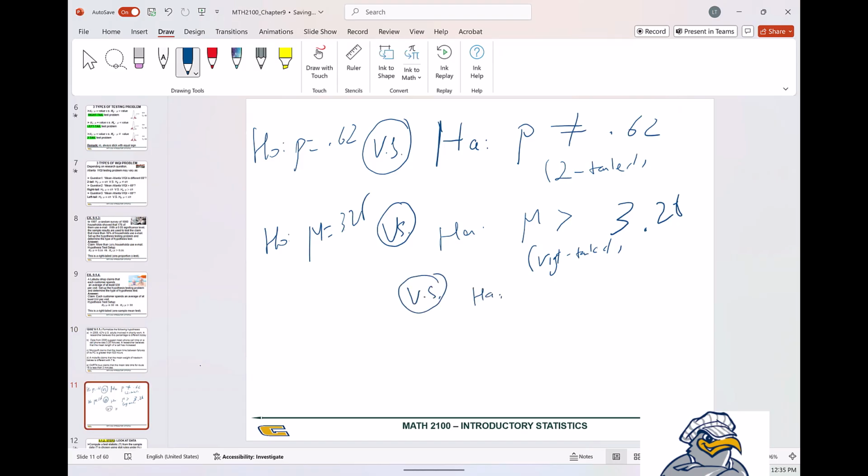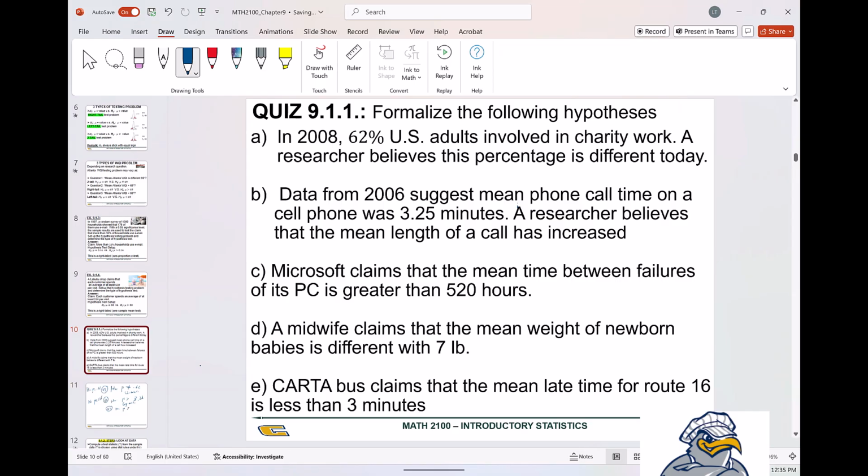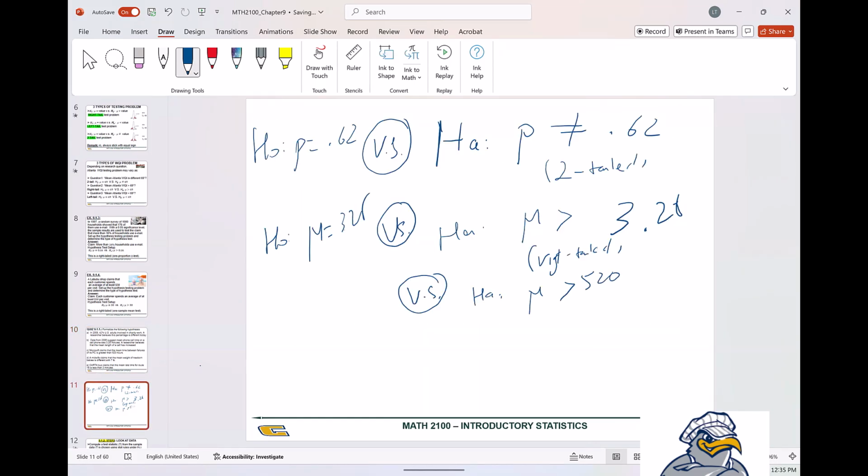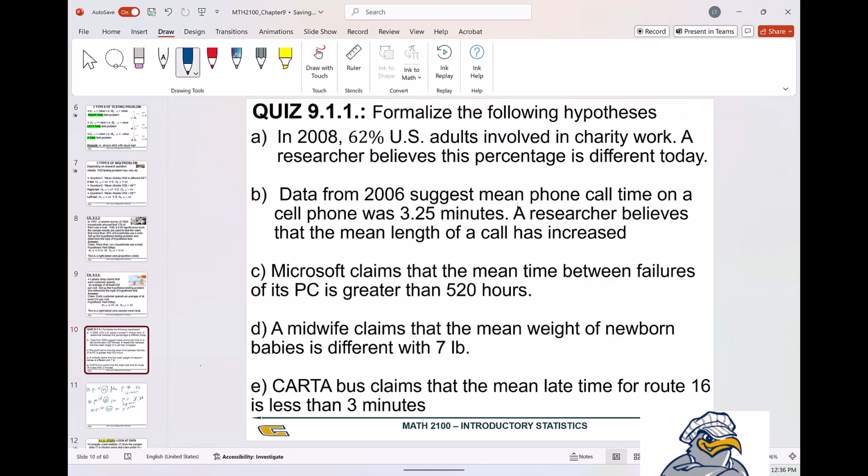They said that the average time between failures in each PC is greater than 520 hours. So again, your H naught will be mu equals 520. Again, this is also right tail because of greater than.